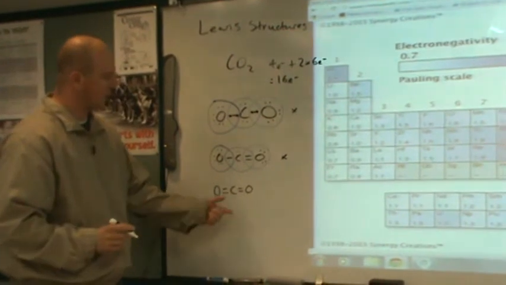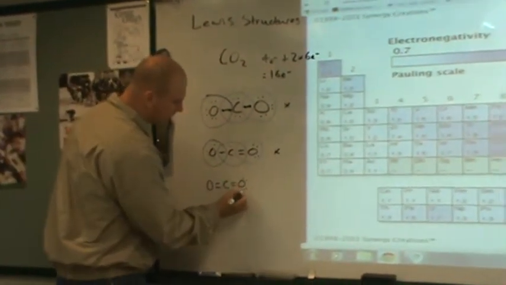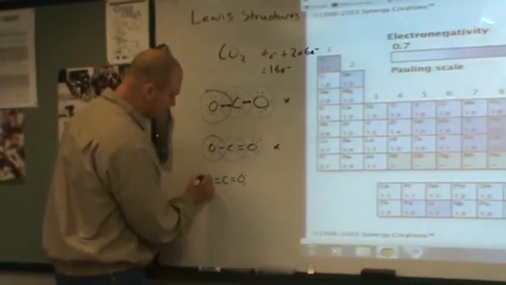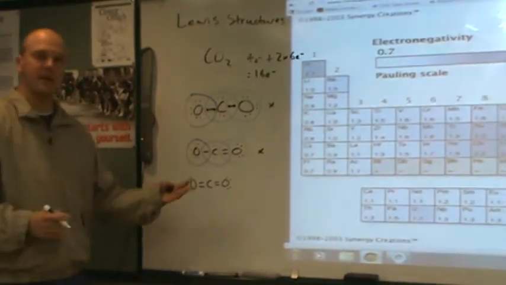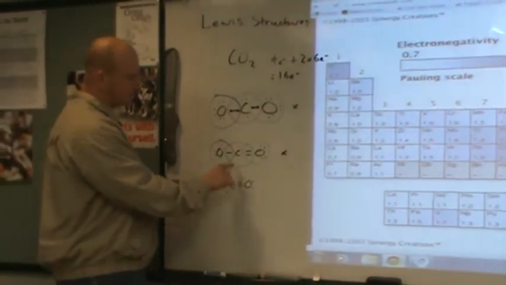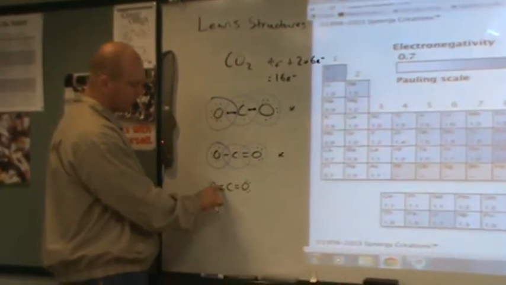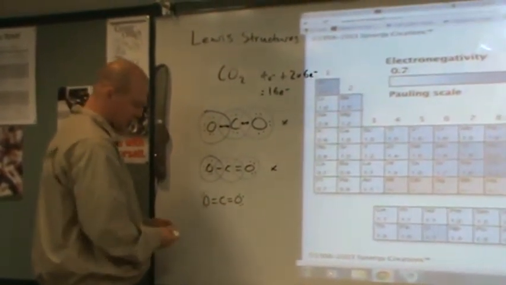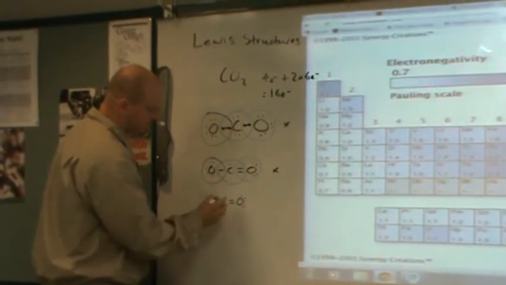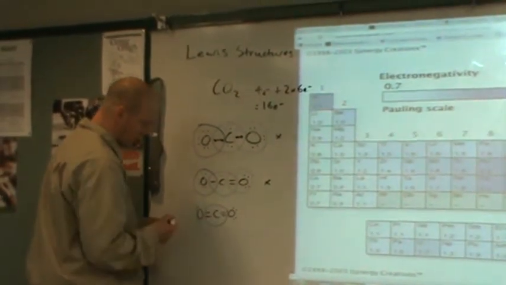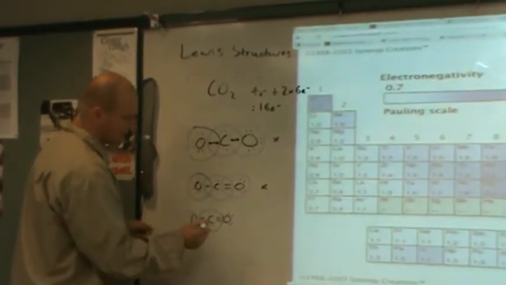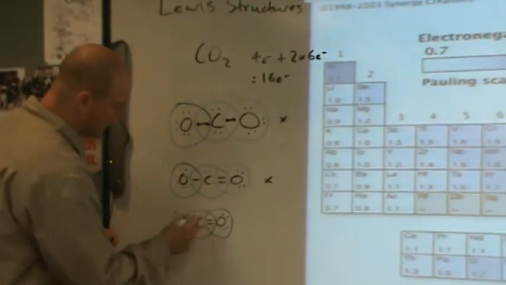And now we fill in the remaining electrons such that each atom has 8. If we look at carbon now, carbon doesn't need an additional pair of electrons because it has 2, 4, 6, 8 to complete its octet. And both the oxygens have 8 as well.